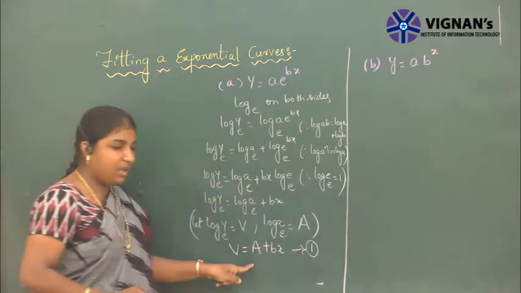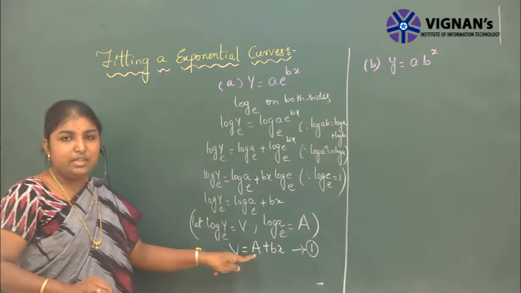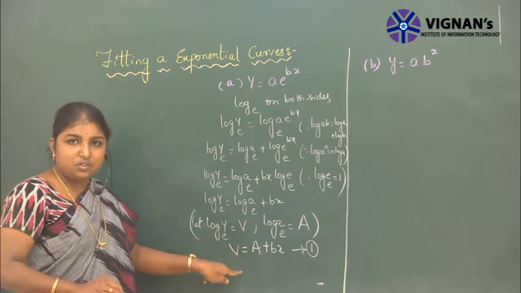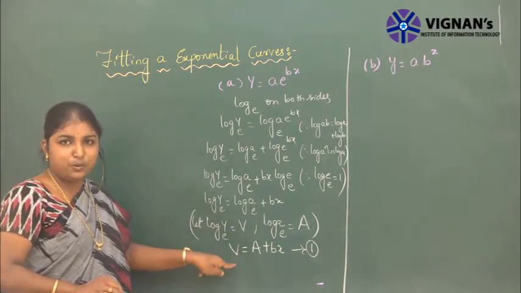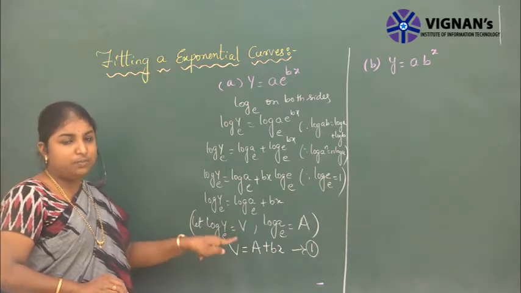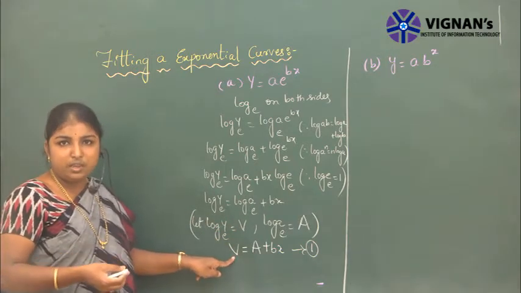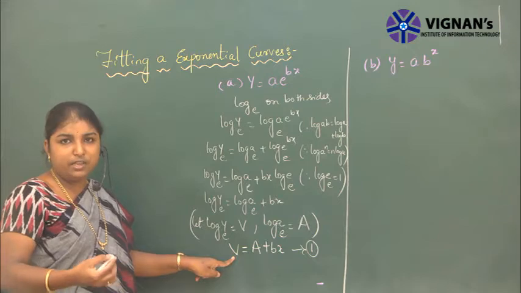So now equation 1 is in terms of a straight line equation. For fitting this straight line to the given data, we have to write down the normal equations using the method of least squares.